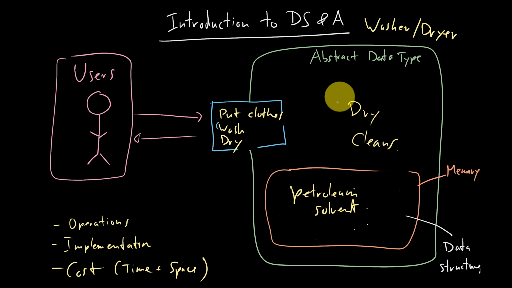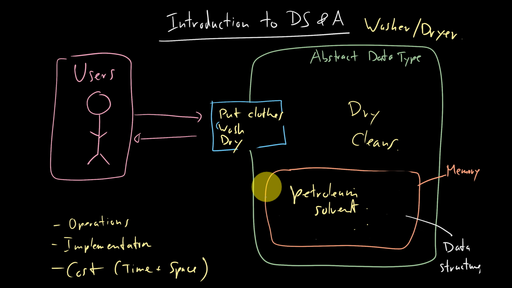This washer dryer has a different implementation because it dry cleans by using petroleum solvent. So it doesn't use water, nor does it spin, right? And then we can argue memory. Maybe it uses more electricity, or maybe the space is really big, right? And that's how you can compare washer dryers. And then time also, maybe dry cleaning takes a lot longer than spinning it with water.